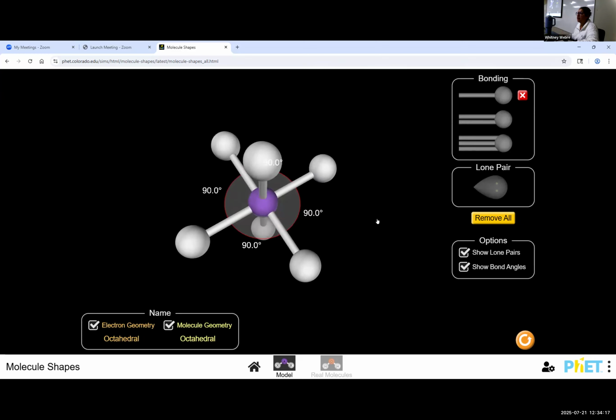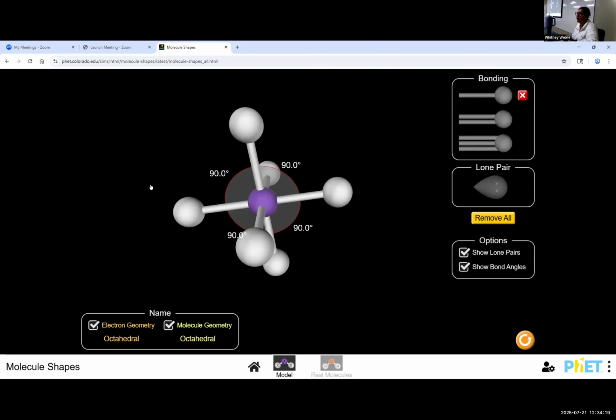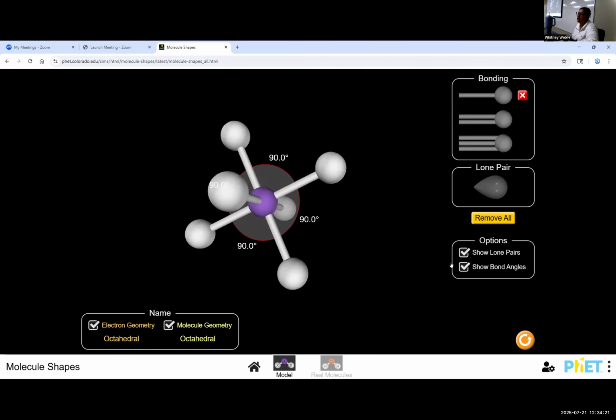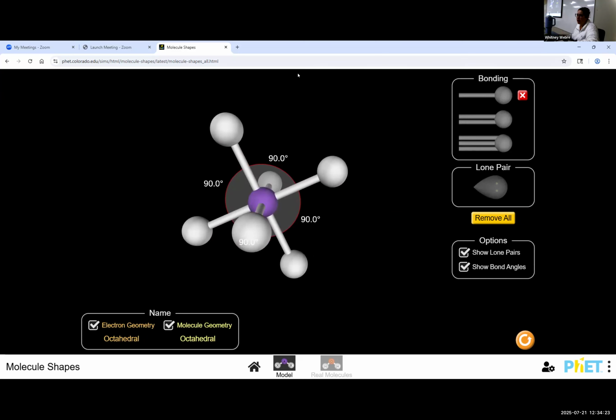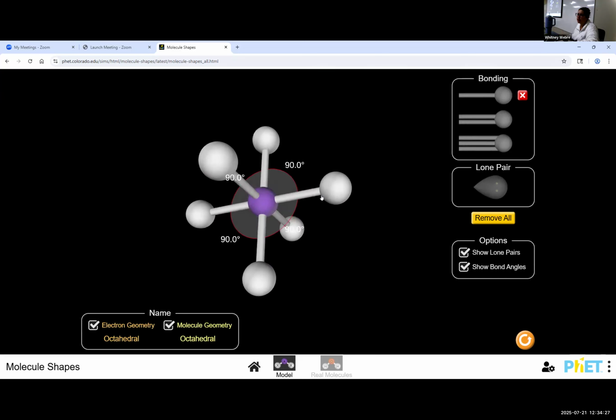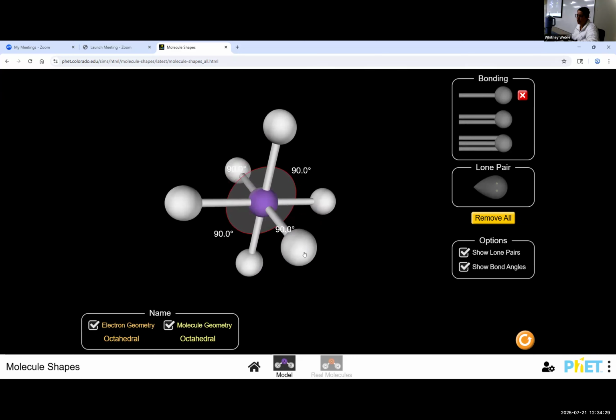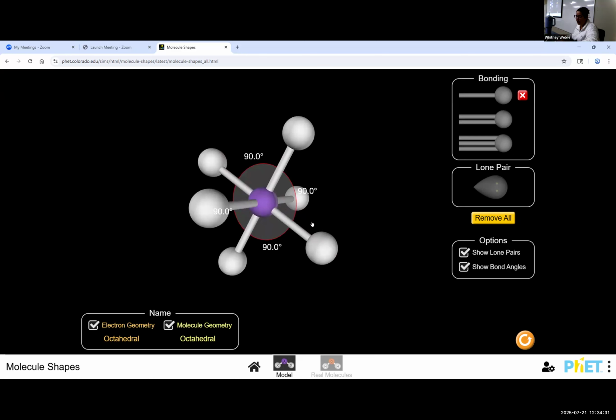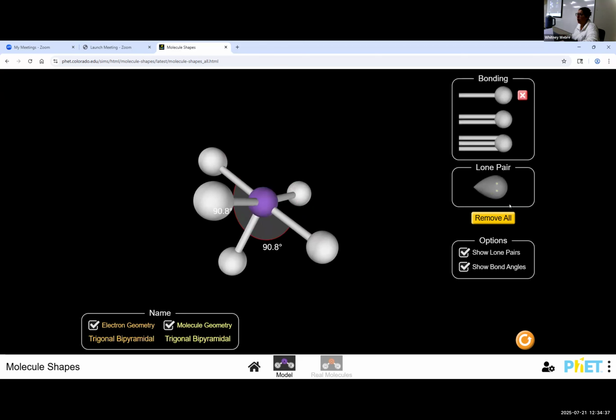So this one's a little bit easier because if I start removing things, those lone pairs will all go to the same spot, but they're all 90 degrees from each other. So under angle for that, you'll put 90. But we can actually put a bunch of lone pairs on this and take off bonds. So I'll do that now.